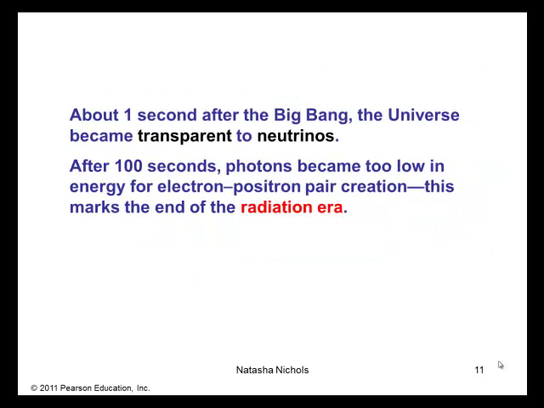About 1 second after the Big Bang, the universe became transparent to neutrinos. After 100 seconds, photons became too low in energy for electron-positron pair creation, which marks the end of the radiation era.